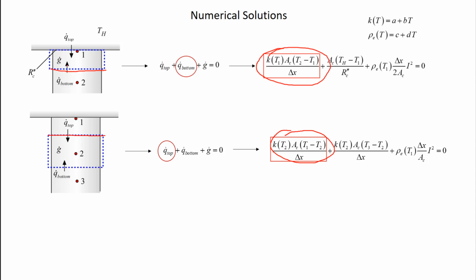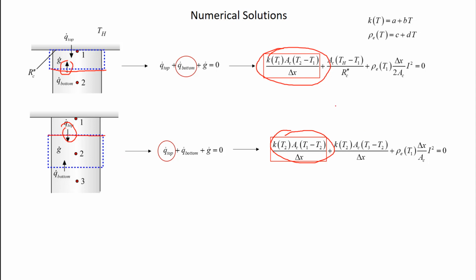And those two energy transfers, well, they better be exactly the same. I mean, they might have a different sign, but they better have exactly the same magnitude because they're the same energy transfer, right? And if that's not the case, then at every single boundary in my computational domain, I'm going to be destroying or generating a little bit of energy, and my numerical solution isn't going to work.